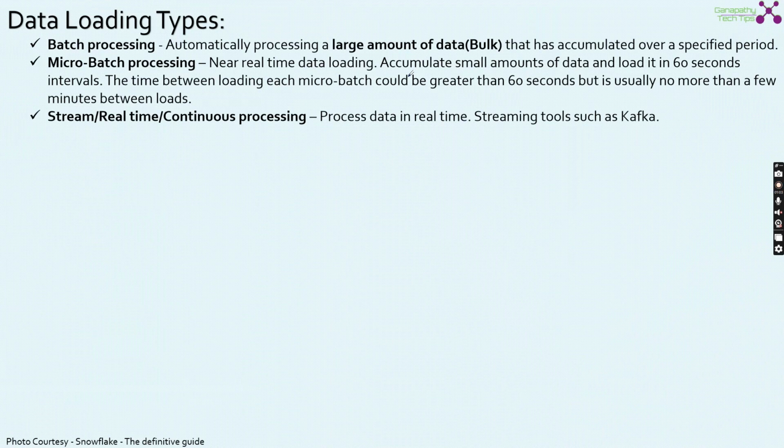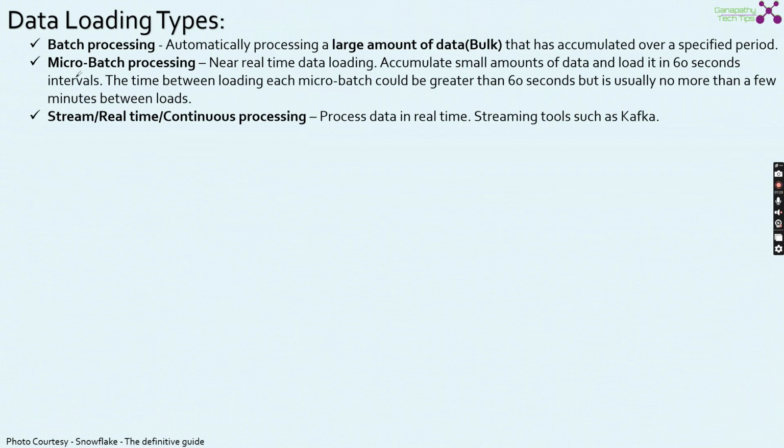As it is batch processing, we aggregate the data over a period of time. Say, for example, we do the batch processing once a day or twice a day, so we aggregate that specific data over that one day. That will lead to a bulk amount of data. So ideally, if you are doing batch processing, the amount of data will be very high.